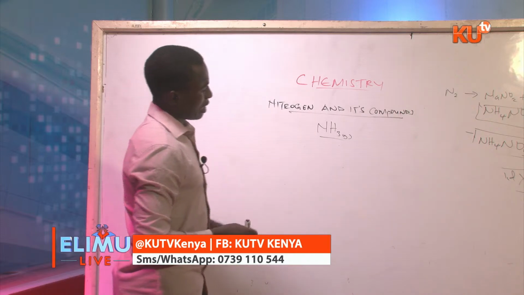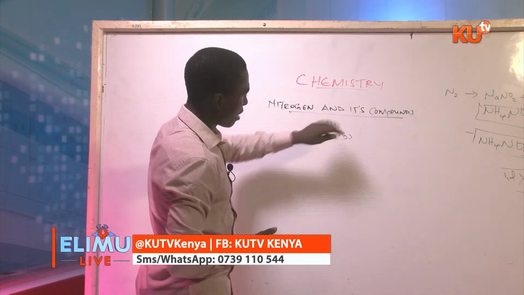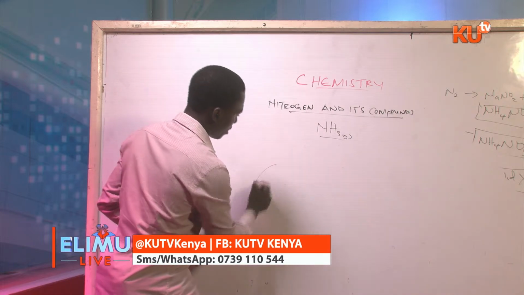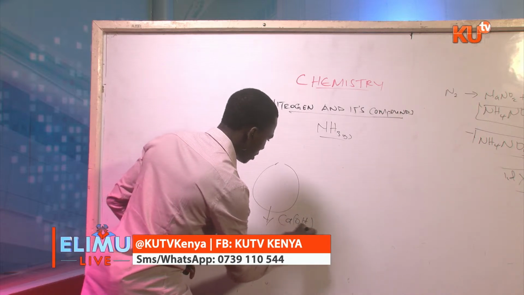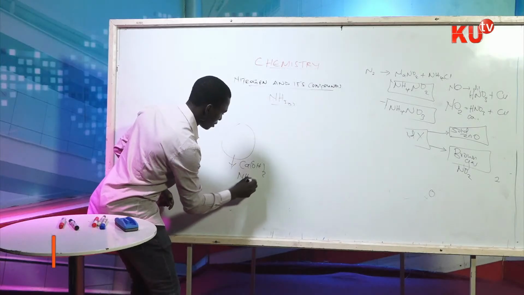Now, at the laboratory level, to obtain ammonia, we simply react calcium hydroxide and ammonium chloride.